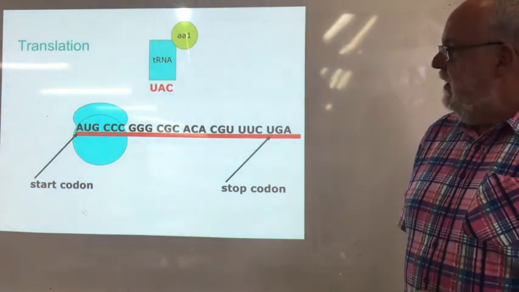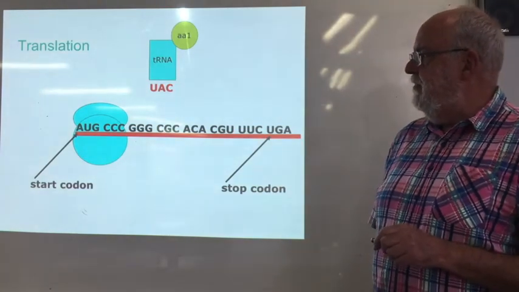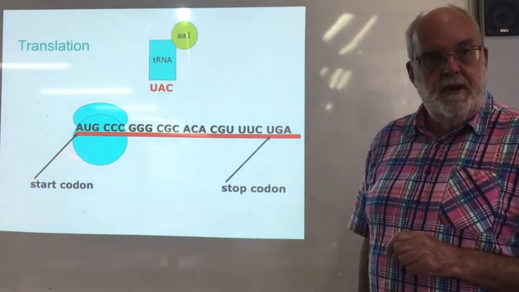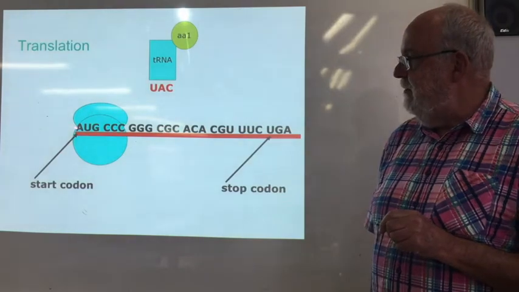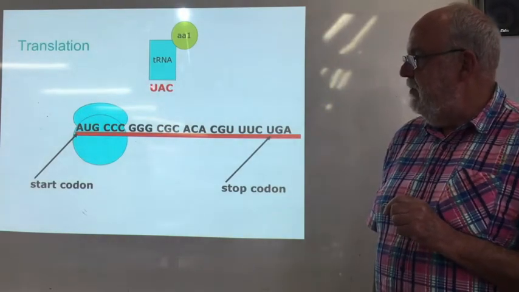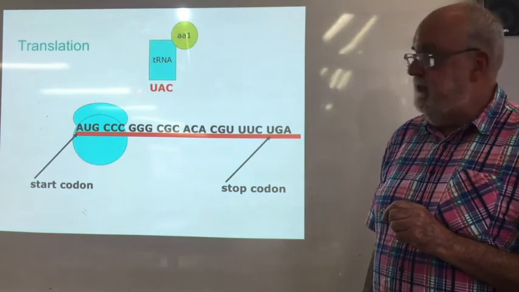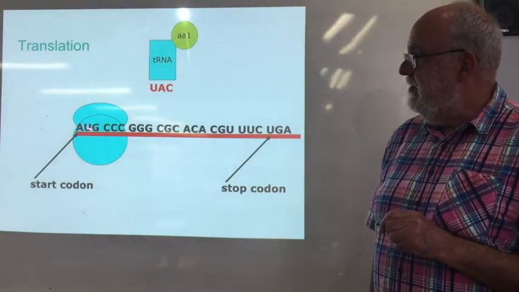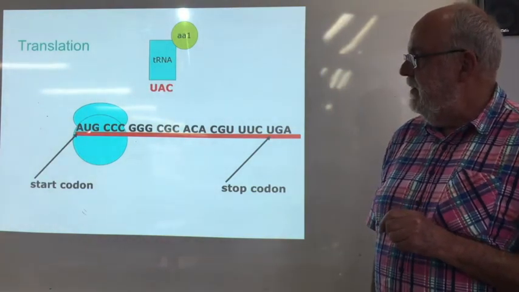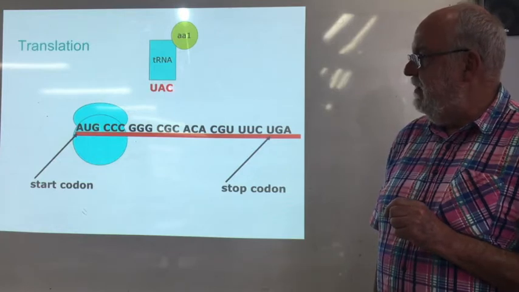So, I think you can perhaps see what's going to happen first. You're going to get the complementary base pairing. Adenine will pair with uracil. Remember, we're talking RNA, so there's no thymine. Uracil will pair with adenine. Guanine will pair with cytosine.